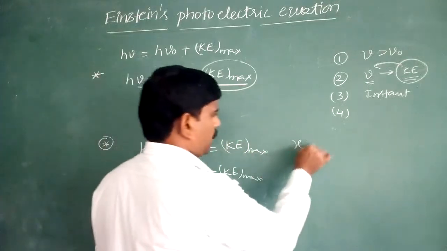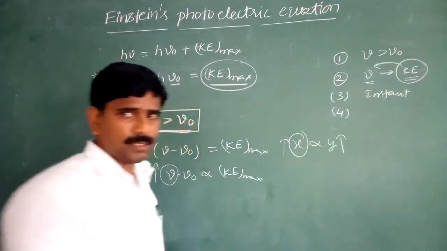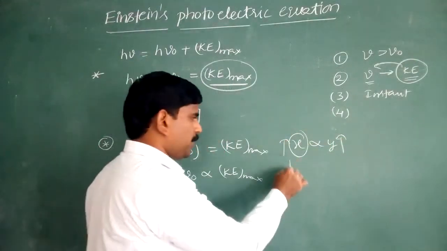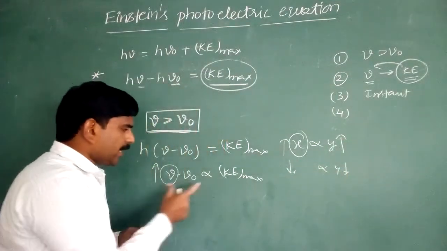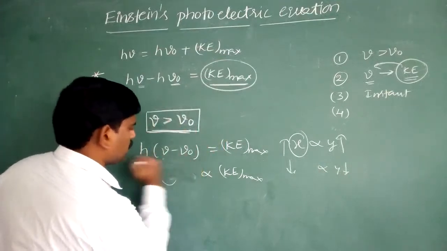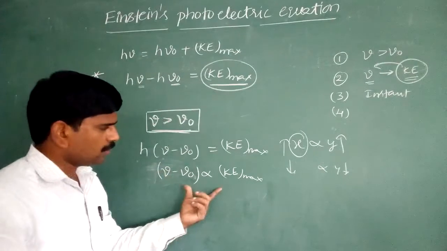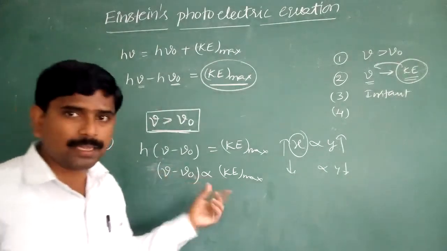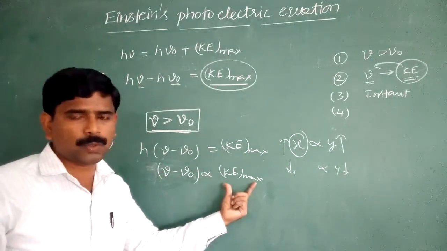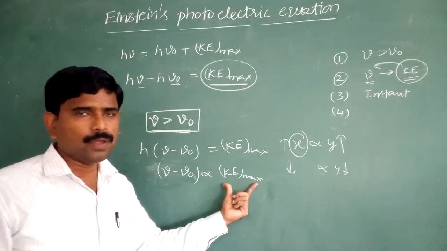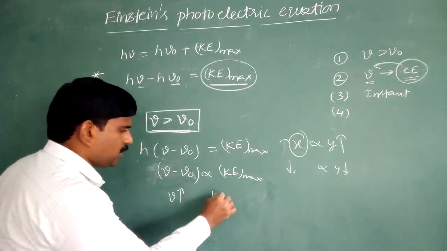X is directly proportional to Y. If X value increases, Y value also increases. If X value decreases, Y value also decreases. So here kinetic energy and change in the frequency are linearly related. When frequency is more, kinetic energy is also more.